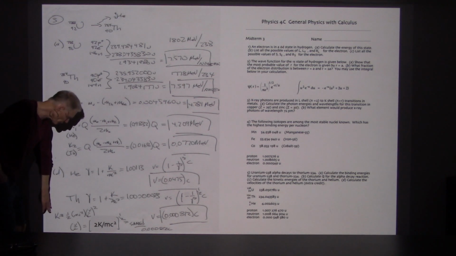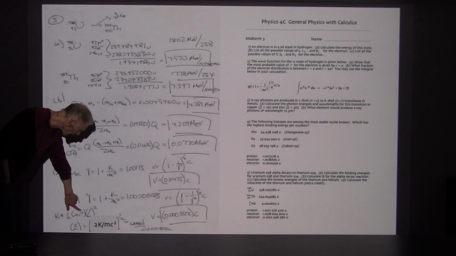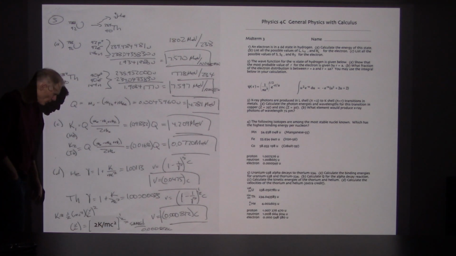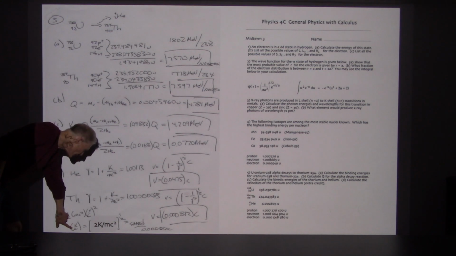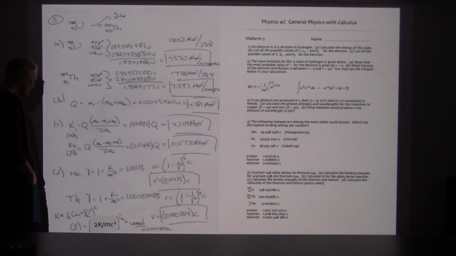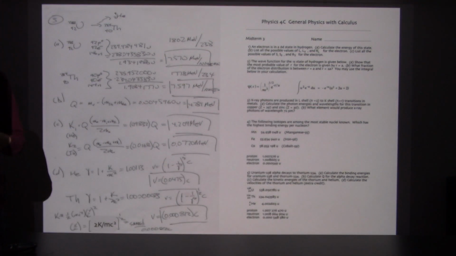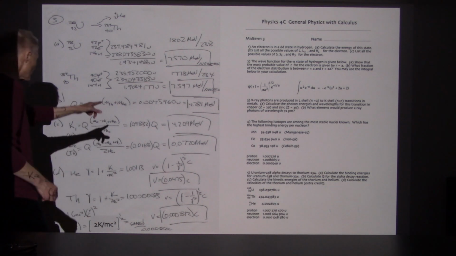Now the classical formula for this, one approach, would be kinetic energy equals 1/2 mc squared times (v over c) squared, where v over c is the square root of 2K over mc squared. So I can continue using the shortcuts, using mc squared and kinetic energy in terms of MeV.